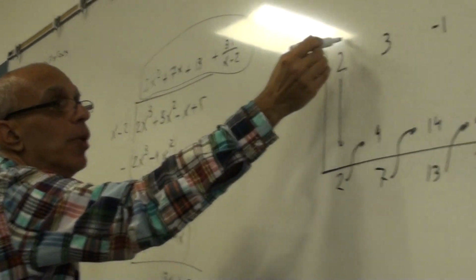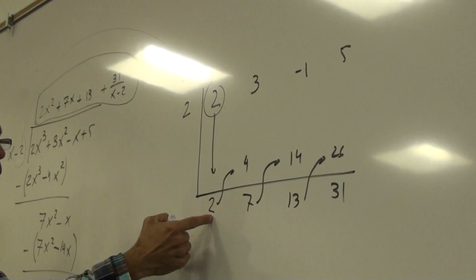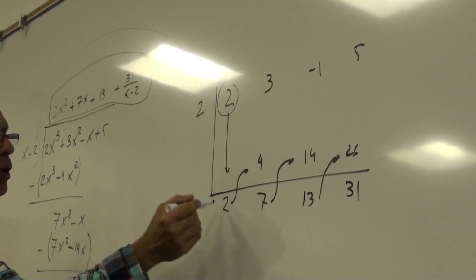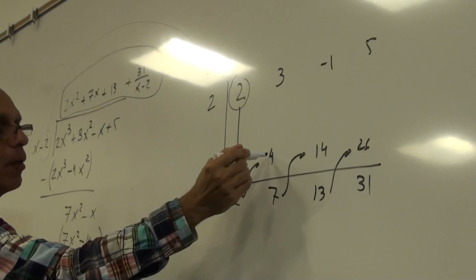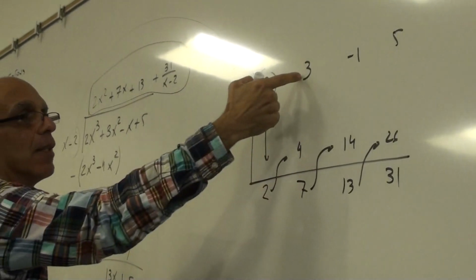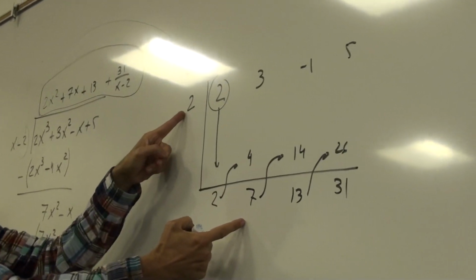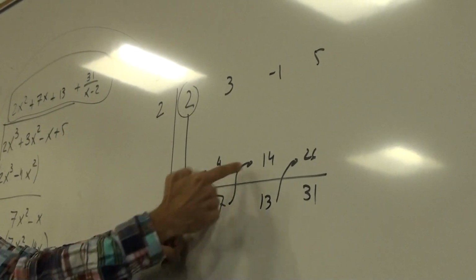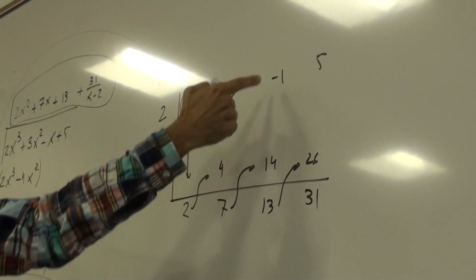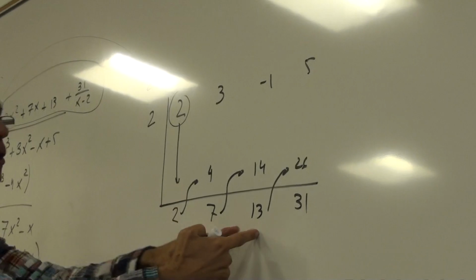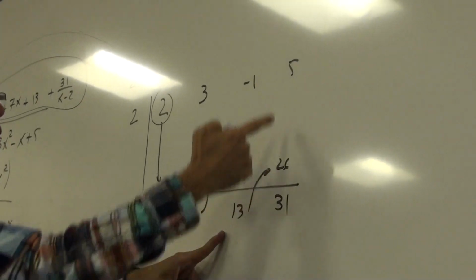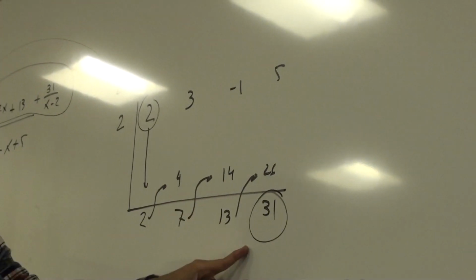Then, you bring the first one down, put it here, you multiply. 2 times 2 is 4. Plug in here. Add 3 plus 4, 7. Okay? Multiply 2 times 7, 14. Plug in here. Add 13. 2 times 13, 26. Plug in here and you add, and that's the remainder, right?